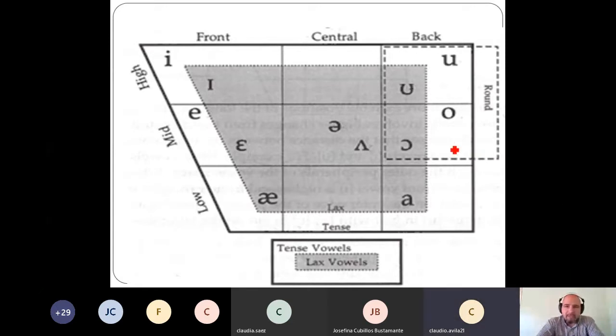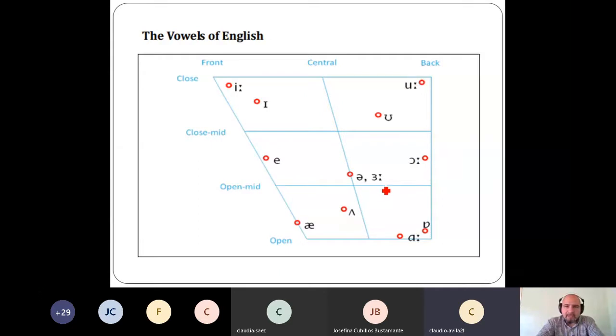For example, the vowel sound as in first, girl, earth, word. This one does not exist in Spanish. So we need to learn it. And in order to learn it, we need to understand how the sound is produced.